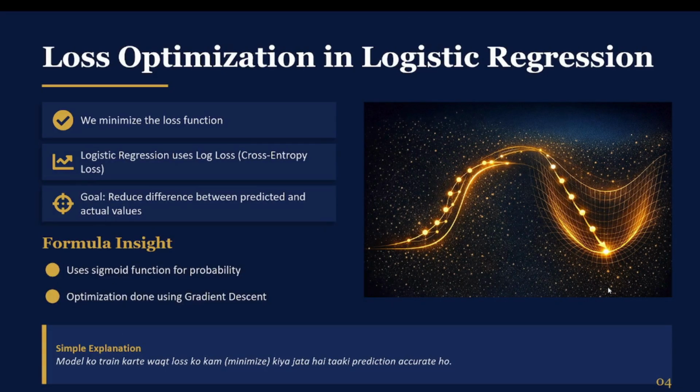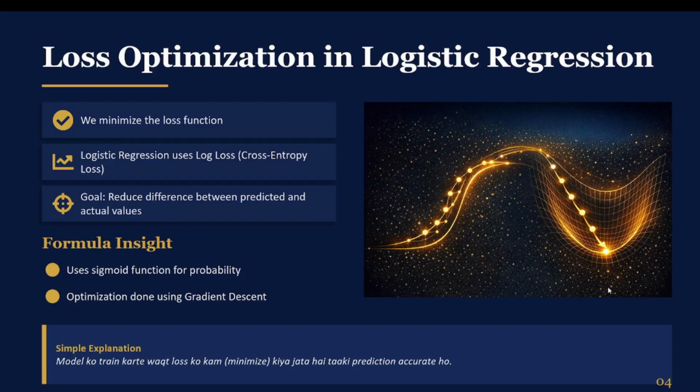Loss optimization in logistic regression. The answer is that in logistic regression, we always minimize the loss function. But to understand why, let's first understand what the loss function actually represents and how it is used during training. Logistic regression is a classification algorithm that is used to predict the probability of a binary outcome. For example, whether an email is spam or not spam, or whether a patient has a disease or not.